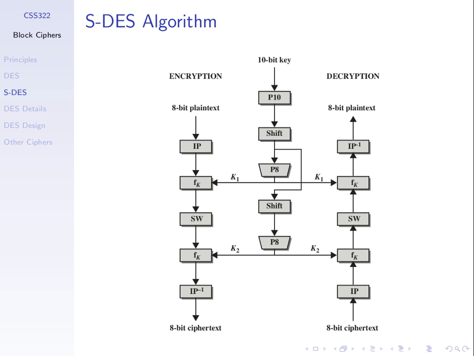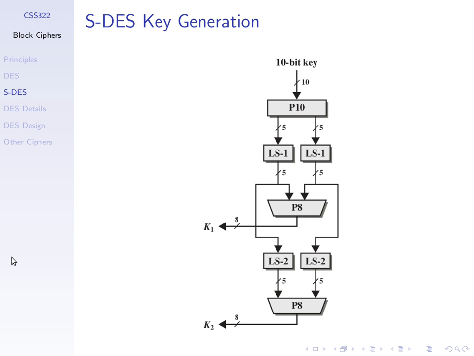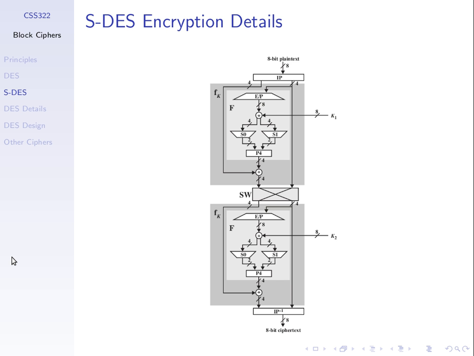This block here is in fact a very complex set of steps. This dark grey box here is f of k. The input is the output of initial permutation, and the output of f of k goes into the box that swaps the halves. There are multiple steps, including the S boxes in there.